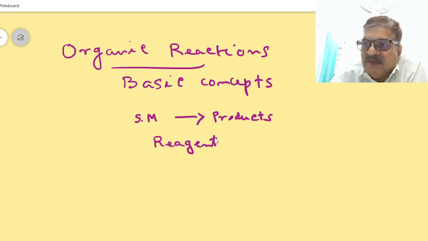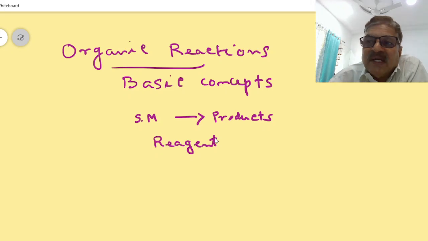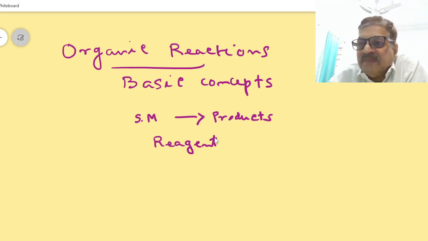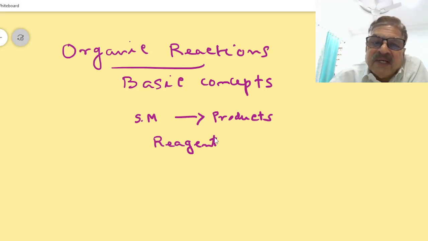These are the two possibilities. The reagents are drawn on the left side of the equation along with other reactants, or they can sometimes be drawn above the reaction arrow itself.